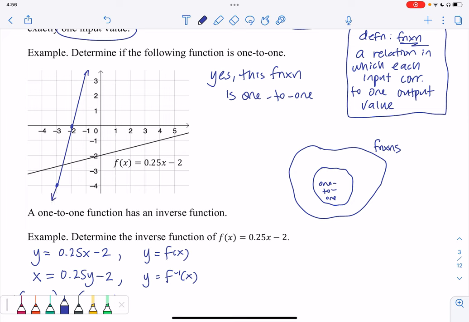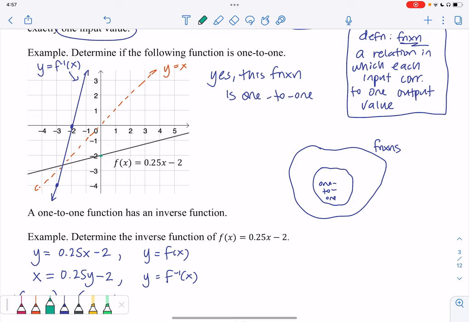And what I can see, and it helps if I draw it in, is that inverse functions are reflections of each other across the line y equals x. So here's that, and then here is the line y equals f inverse of x that I just found. They are reflections of each other across the line y equals x. We can also see that every point has a partner point on the other function.